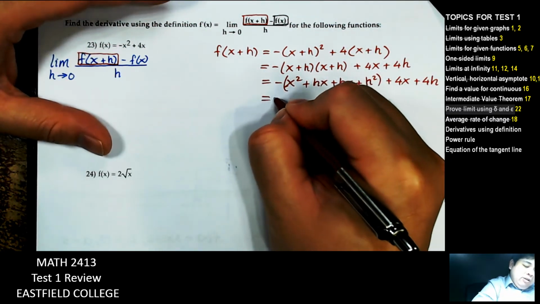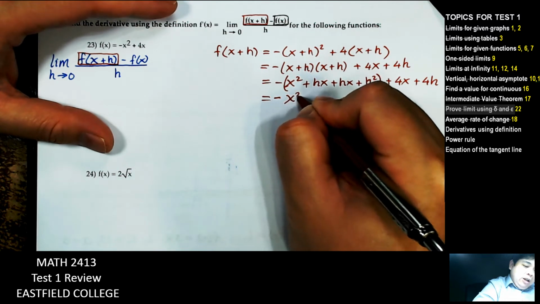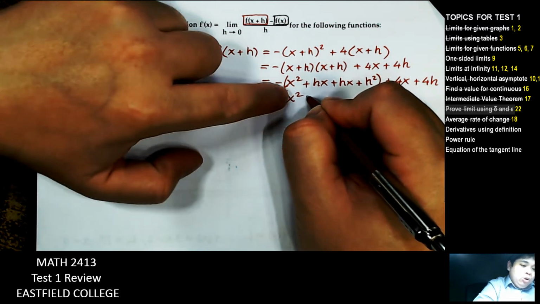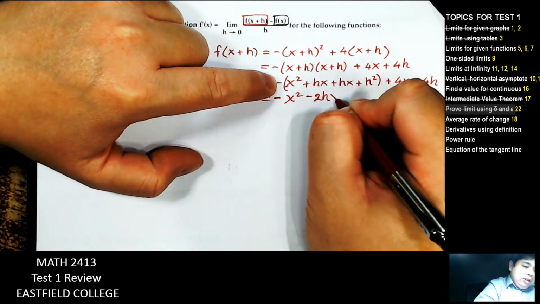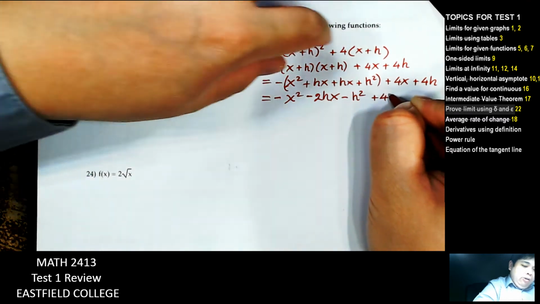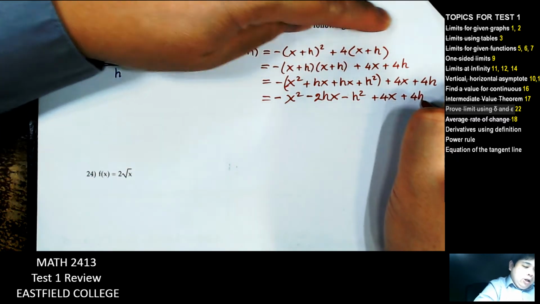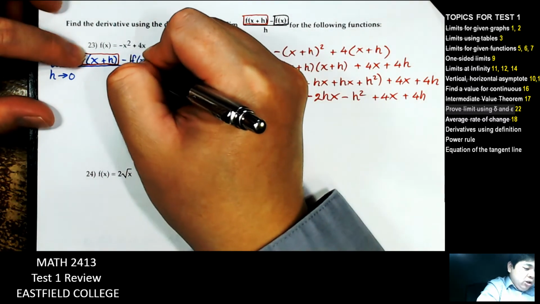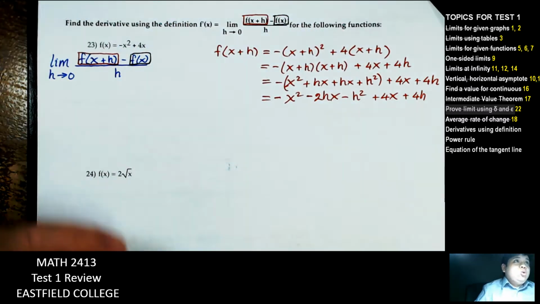We have negative x squared, hx make it 2, but with the minus as well, and minus h squared for x, for h. So that is the red part. The function itself is just negative x squared plus 4x.